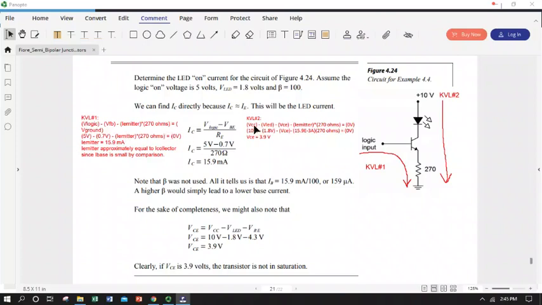We have VCC, 10 volts, minus 1.8, minus the collector emitter voltage drop, whatever it may be, and minus I emitter, whatever that would be, times 270, equals 0. And in this case we solve for a VCE equals 3.9, using an emitter current that we got, no doubt, from using our beta.